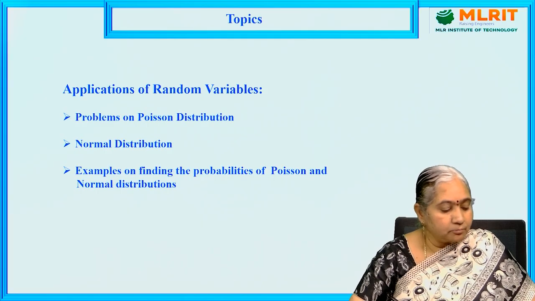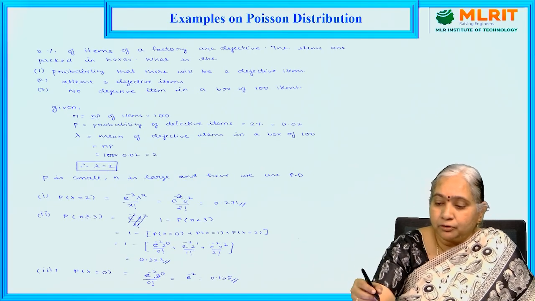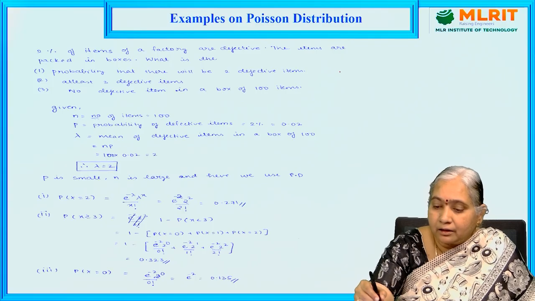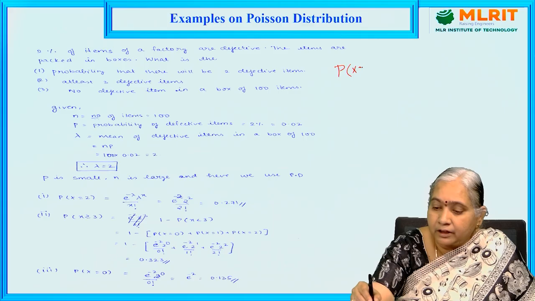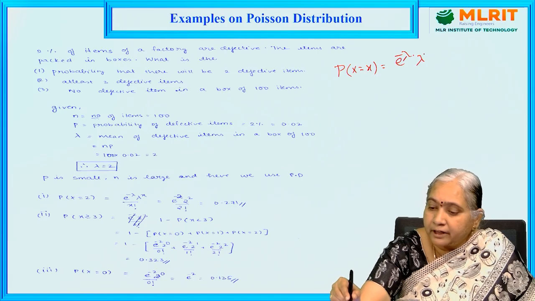Today, in this lecture, we are going to solve some problems on Poisson distribution. We know the properties of Poisson distribution to find the probability of x equal to x: e power minus lambda into lambda power x by x factorial.